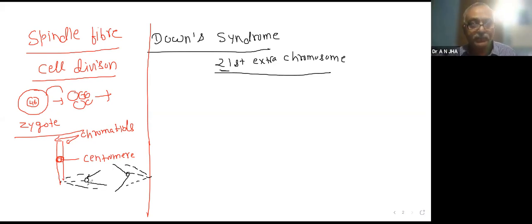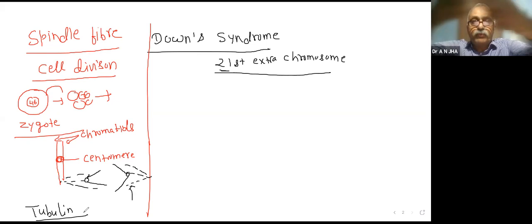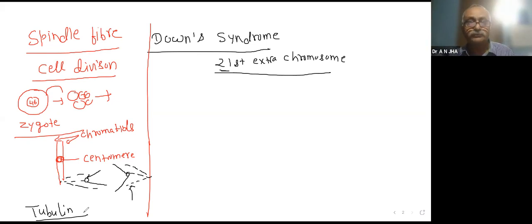This is spindle fiber, and it is made up of a special protein that is tubulin. Its function is pulling the divided centromere towards the opposite pole. This is called spindle fiber. Is it clear? So spindle fiber is a tubulin protein which helps in separation of chromatids. Is it clear?